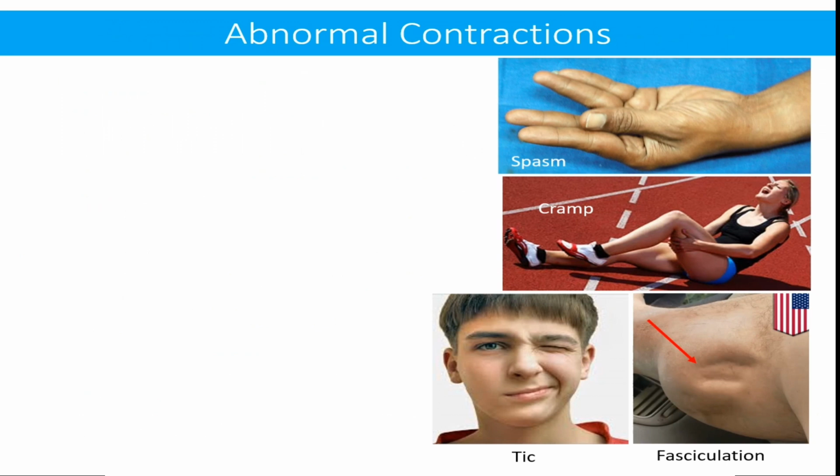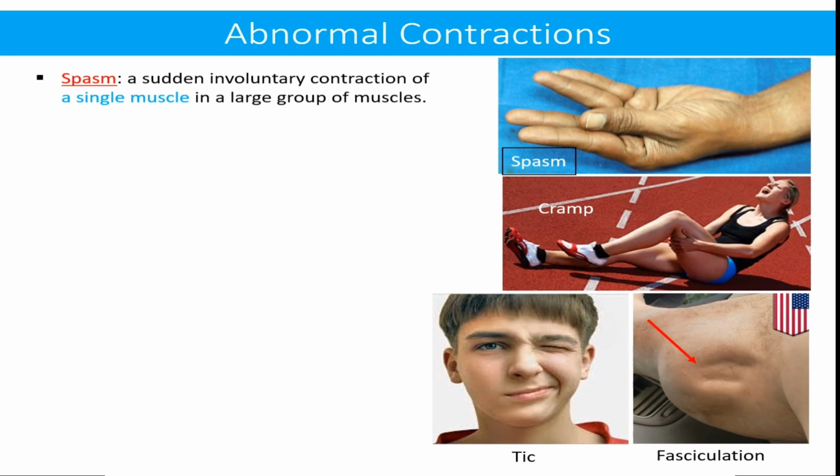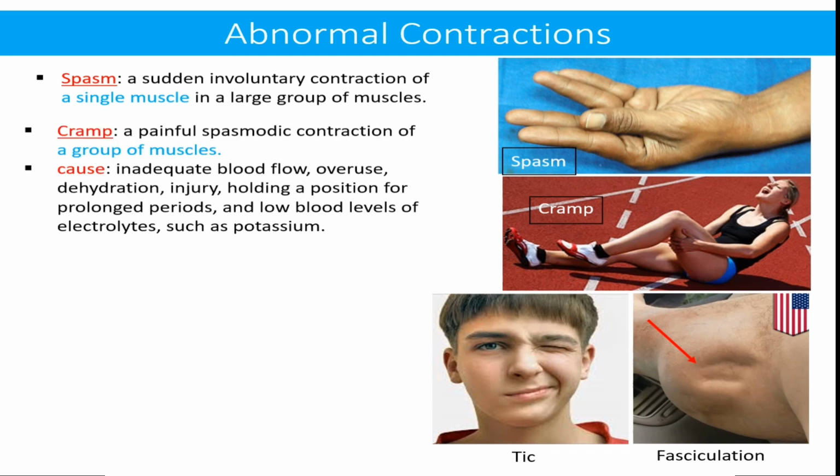Now, clinical significance, second group comprising abnormal contractions of skeletal muscles. First, the spasm. It is a sudden involuntary contraction of a single muscle or a group of muscles. Number two, cramp.